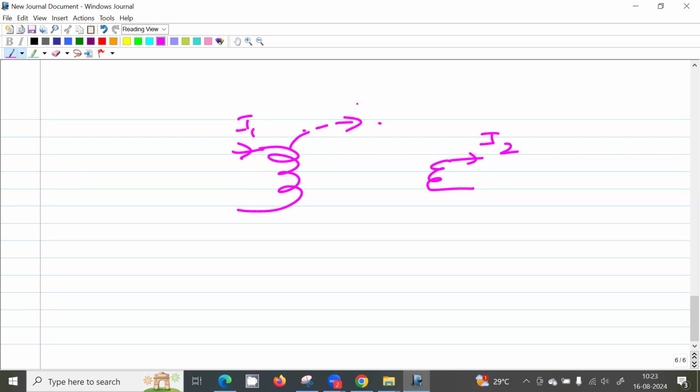This will produce a magnetic field which will link the second coil, and if this magnetic field is a function of time, the flux linking the second coil will be a function of time. From that, I'll get the induced EMF of the second coil by Faraday's law.